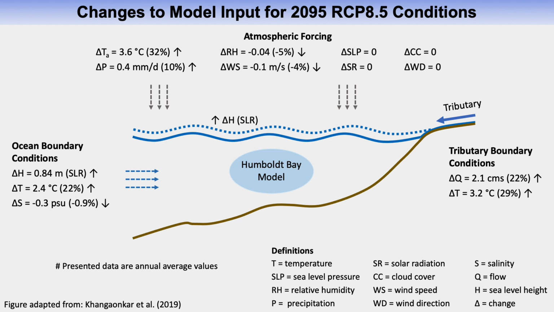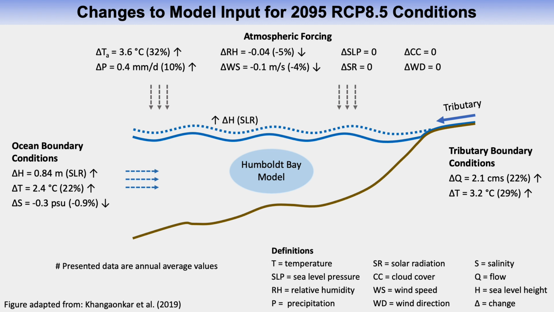All right, so I'm going to spend a little bit of time going through this slide. This is a schematic of the Bay model with all the different model forcings, and these are changes to the model input for 2095 based on that RCP 8.5 scenario. It's important that we understand this because this is what drives the model and gives the results.